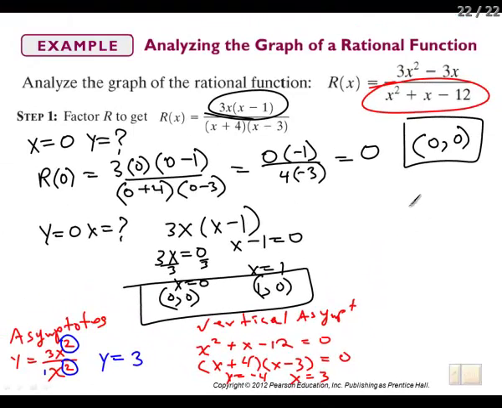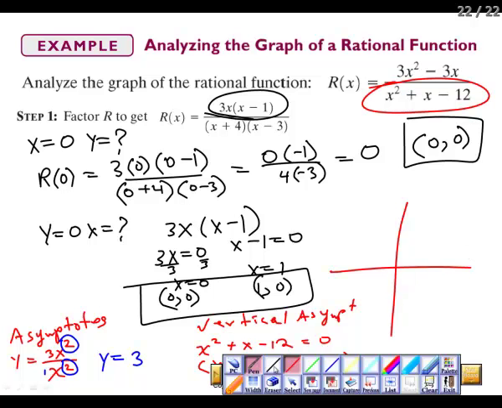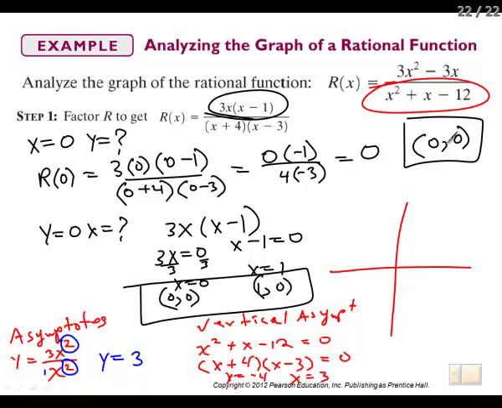Okay, so this is what we've got so far. We have our y-intercept, and our x-intercept is at 0, 0. We have one more x-intercept at 1, 0. Okay, so those are our intercepts. For our asymptotes, we have one y-asymptote at y equals 3.